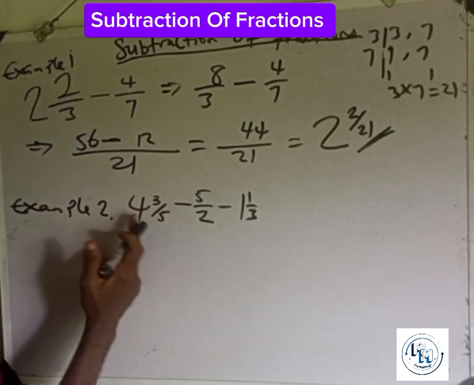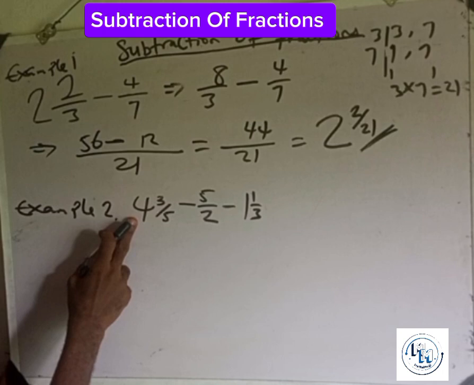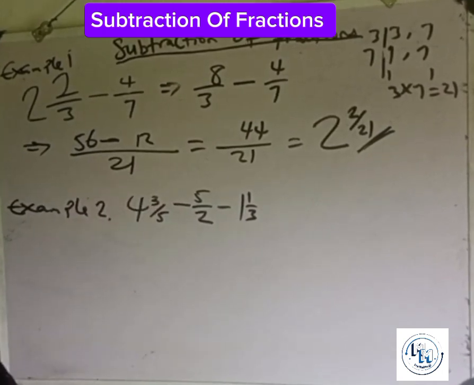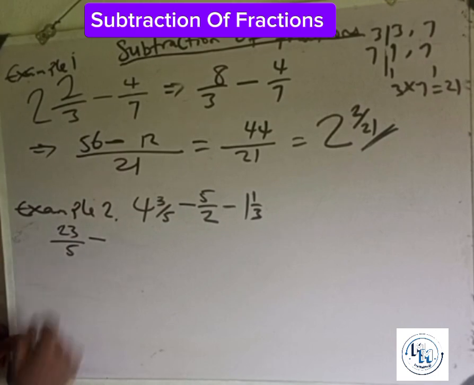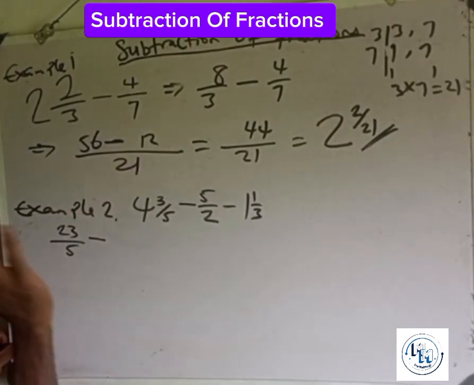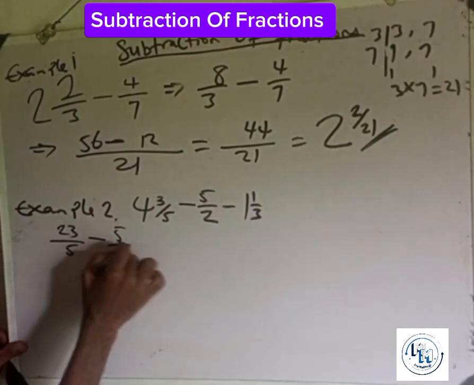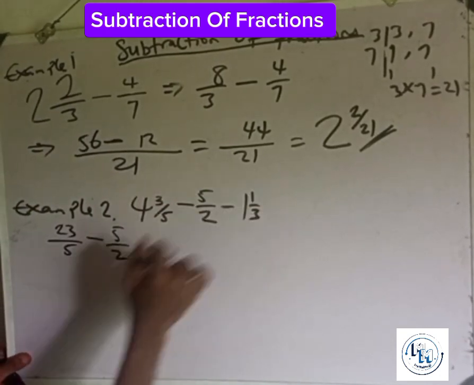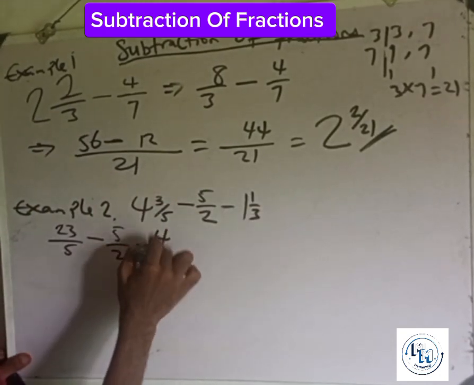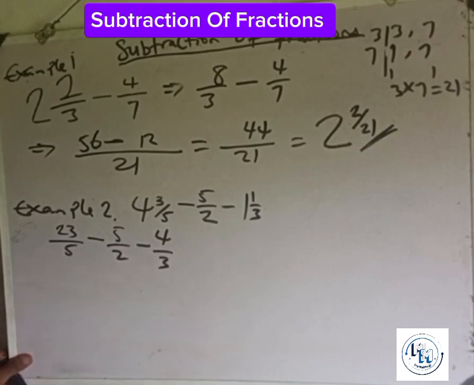Remember, 5 times 4 will give us 20. 20 plus 3 is 23. So we have 23 over 5 minus, this one is already an improper fraction, so we'll just bring it down. Then the last one, we have 3 times 1 is 3, plus 1 is 4, minus 4 over 3.